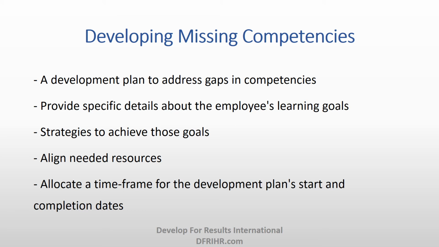Once you know what your employees' weaknesses are, you will have a better idea of how to ensure they have the right knowledge, skills, and abilities to deliver the results the organization needs.